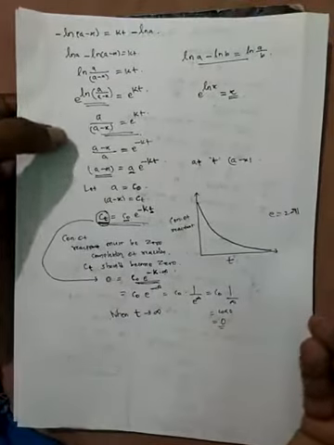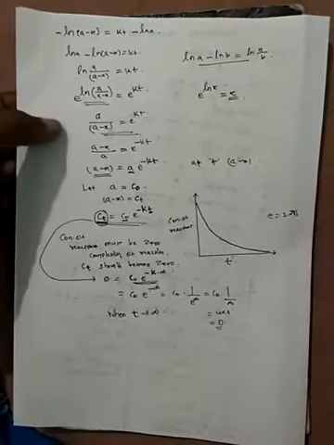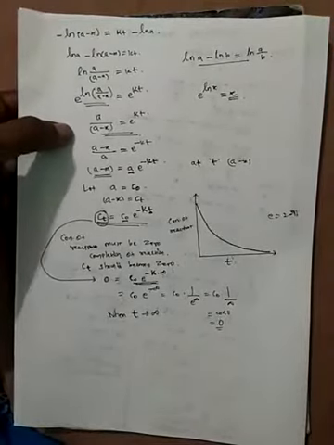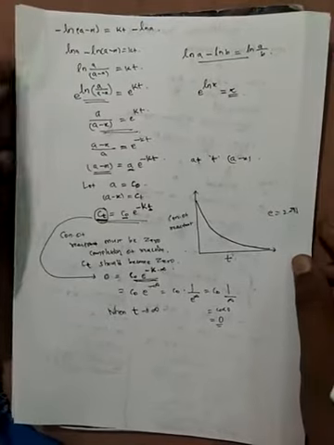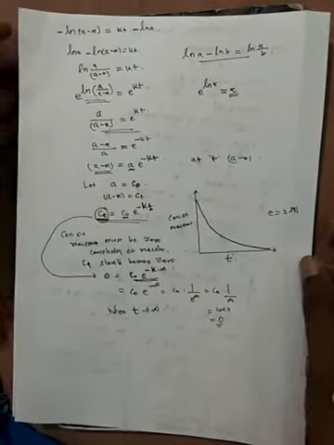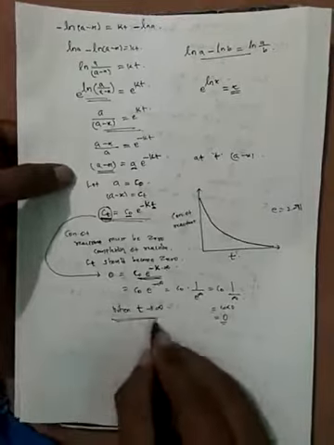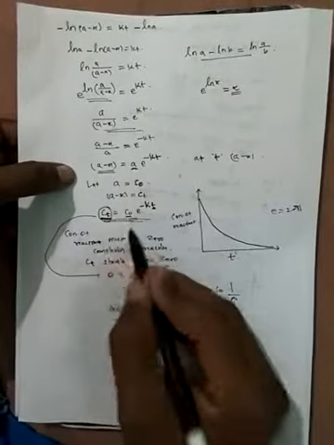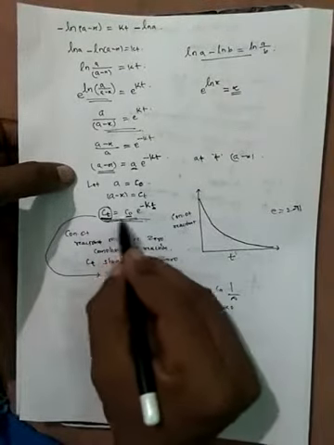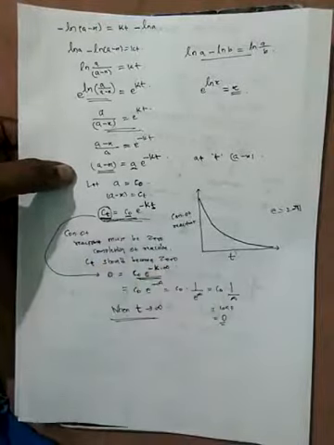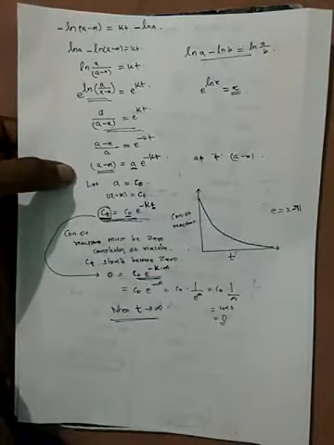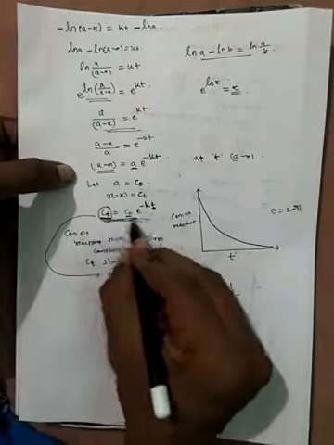So we can say that the first order reaction will not end, or it will take infinite time for the completion of reaction. This is what we observe from this important form of the first order rate constant expression.